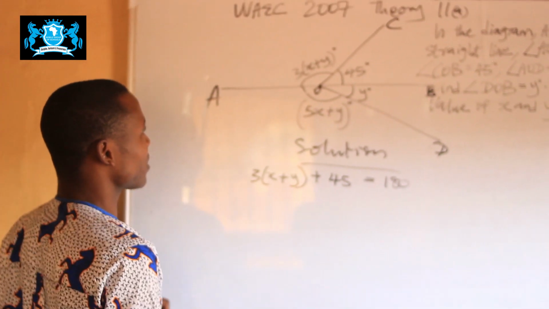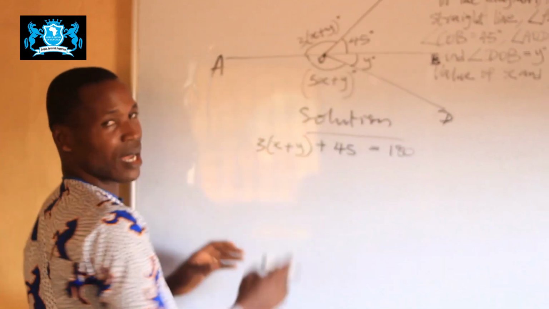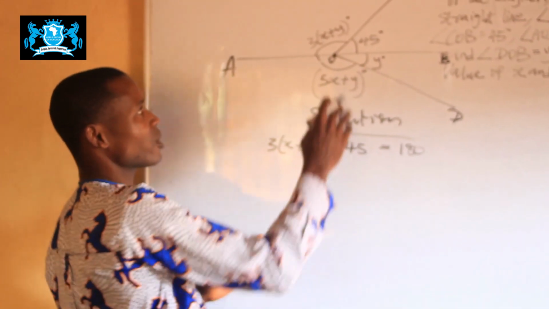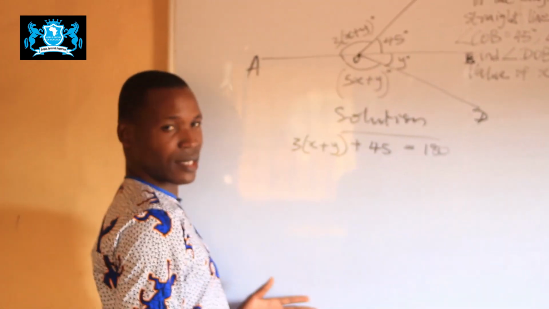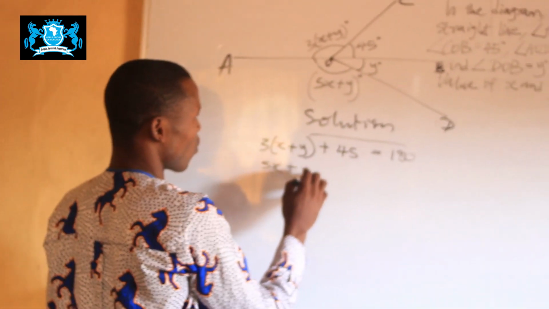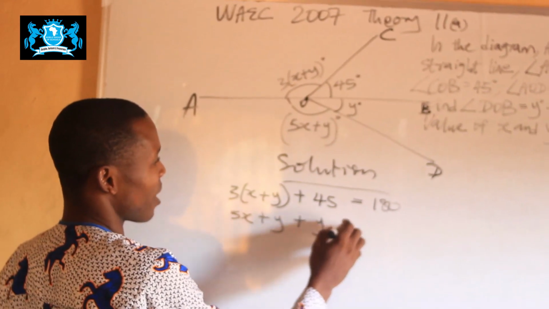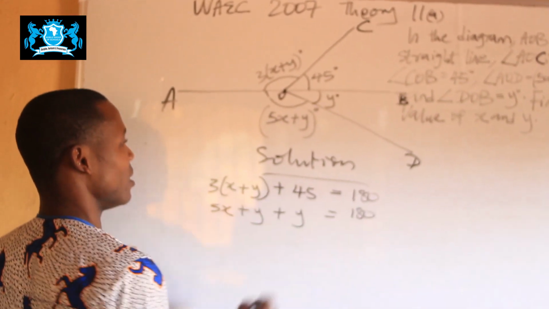That is the same way of saying that the lower part, the angle here and the angle here, will also give us 180 degrees, so that when you add all of them, you get 360. It means that 5x plus y plus this y will give us 180 degrees.